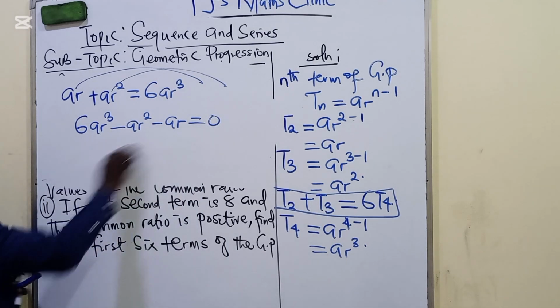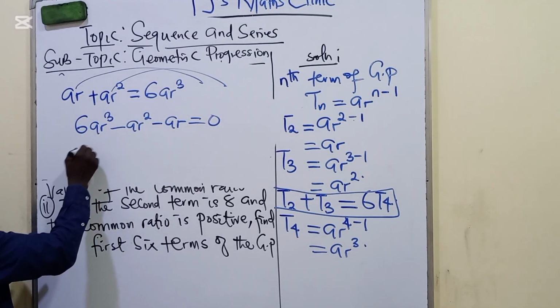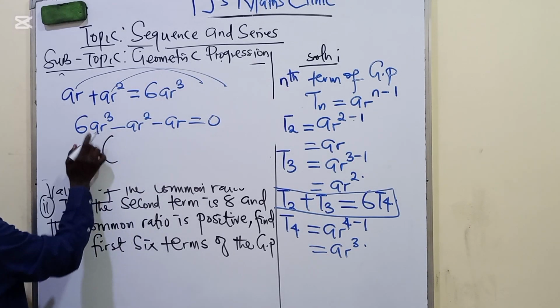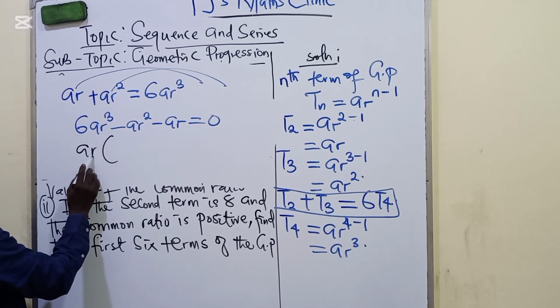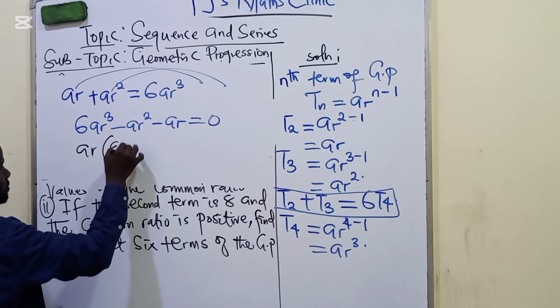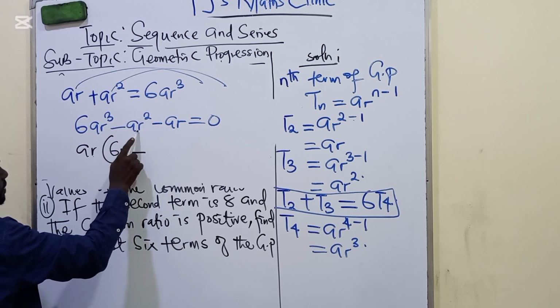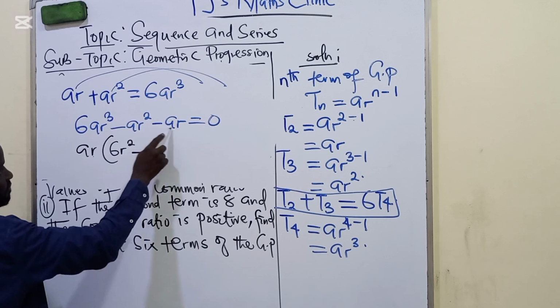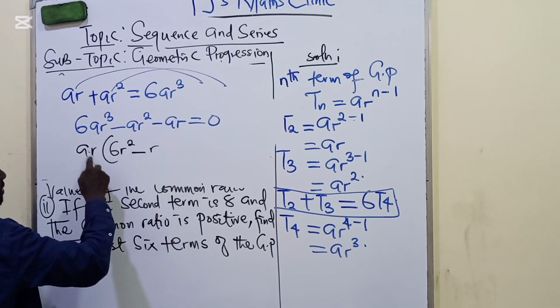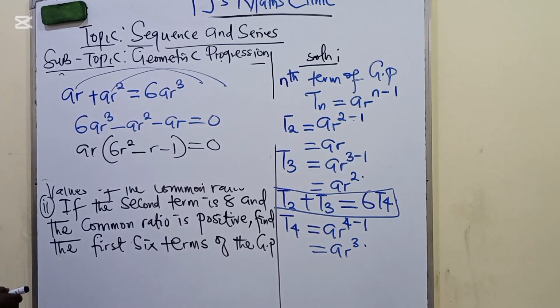By observation, we can see clearly that AR is common, so we can factor it out. Factoring AR out, 6AR cubed divided by AR leaves 6R squared, minus AR squared divided by AR leaves R, minus AR divided by AR leaves 1, equals 0. Very important.